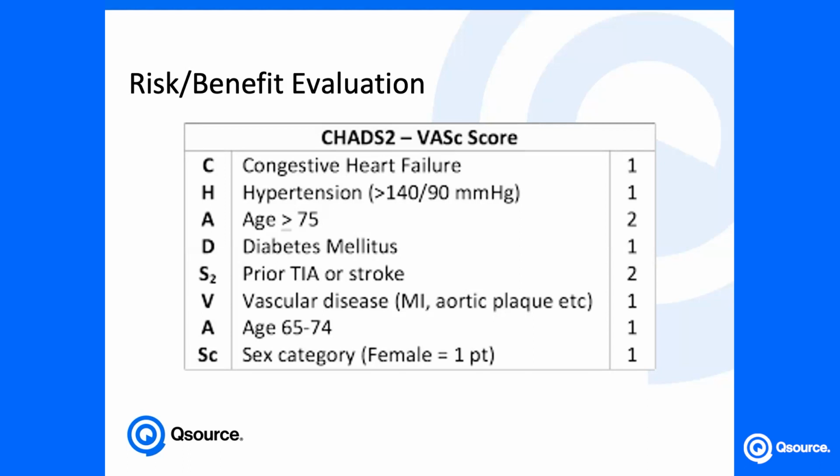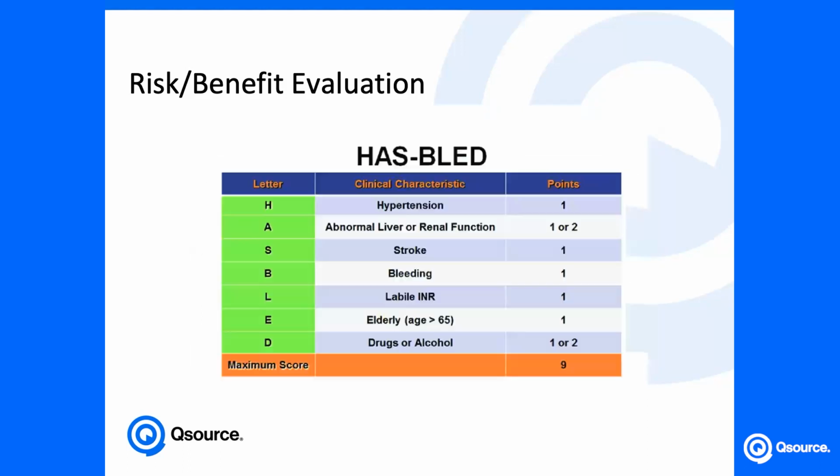And so you add all the points up based on the patient's past medical history. They have a CHA2DS2-VASc score. The higher the score, the higher the risk is for clotting. And so that would help us determine if there's benefit to using an anticoagulant if they have a really high CHA2DS2-VASc score.